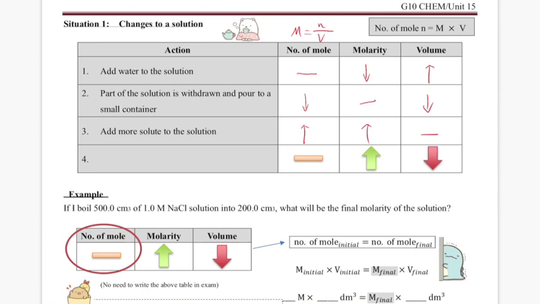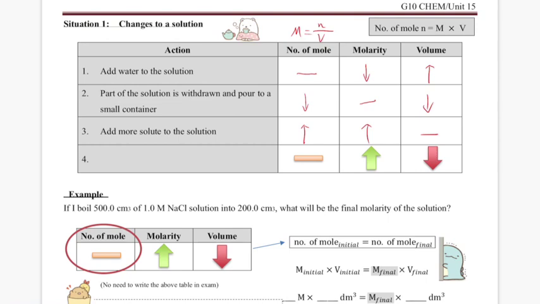Then you taste it, still not sweet enough, so you add more sugar in. As you increase the amount of sugar you put into your milk tea, the molarity of the sugar in this solution actually increases. That's why it becomes sweeter and sweeter when you taste it.